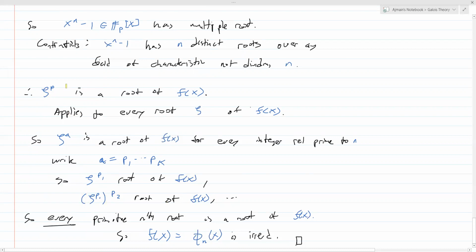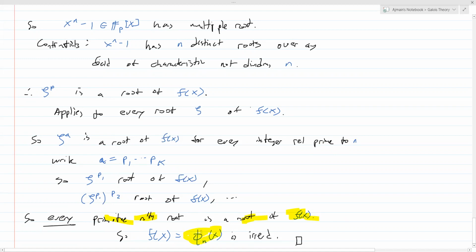Zeta is a root of f implies zeta to the p is a root of f, where p is relatively prime to n. And so we repeat this process until you get zeta to the p1 to the p2 to the p3 all the way to the pk. So essentially zeta to the a is a root of f, for every integer a relatively prime to n. And what this means is that every primitive nth root of unity is a root of f of x.